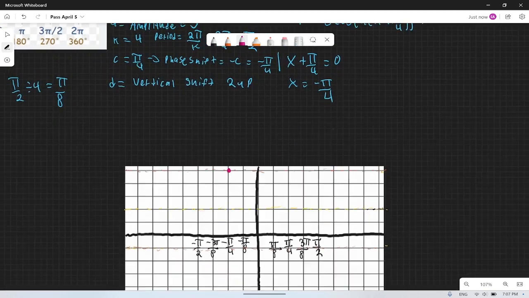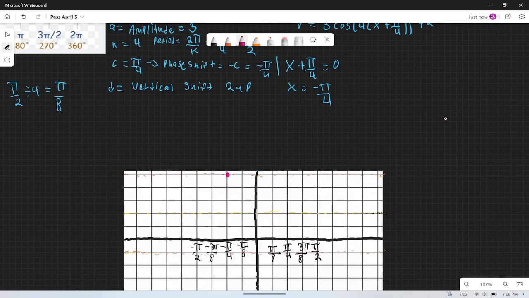And then we know the period is pi over 2. So if we count out pi over 8, another pi over 8, I'm trying to think of a better way of counting that out. So we have 1 pi over 8, pi over 4, 3 pi over 8, and then finally pi over 2 right here.